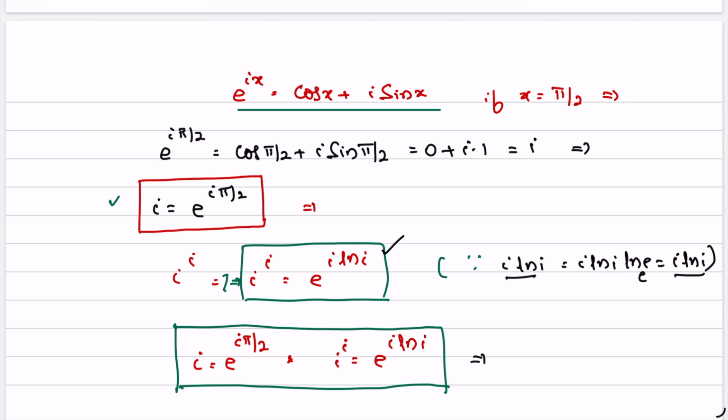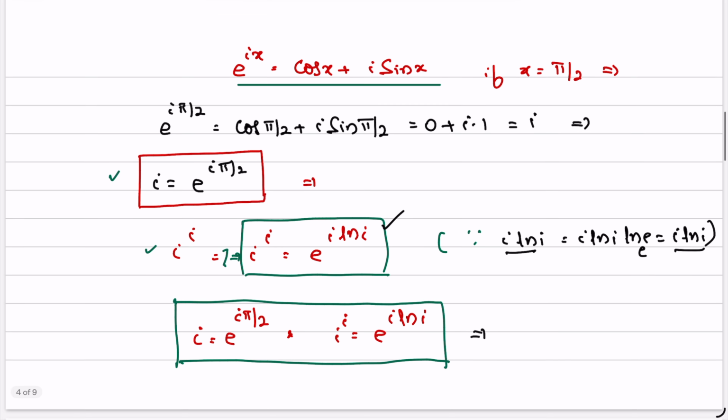e to the power of i pi by 2 is i. From that we got the value of i to the power of i.